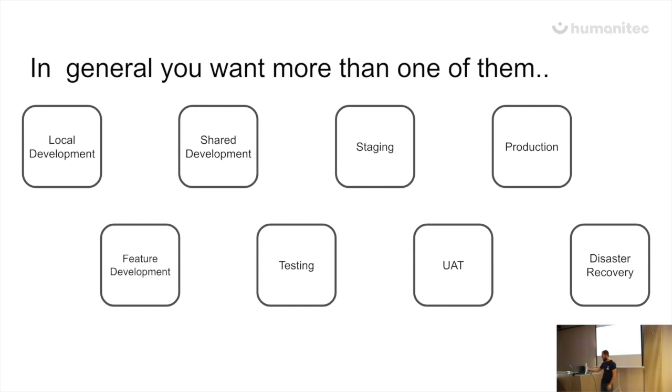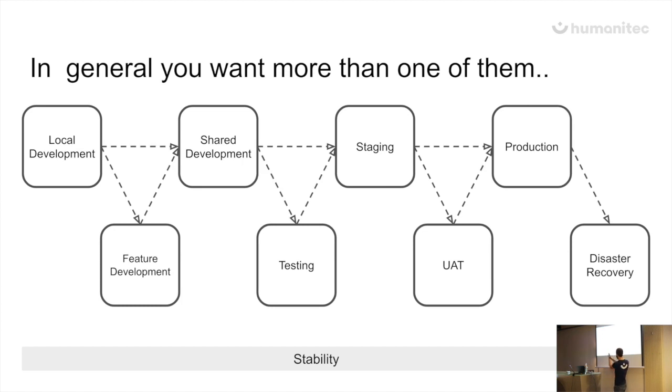But all of these make sense? Great. So let's talk stability. Obviously, local is the least stable, and hopefully disaster recovery is the most stable. Otherwise, you've got problems. So let's talk about categorizing them. Software moves kind of from left to right, and we start off in a non-shared environment.